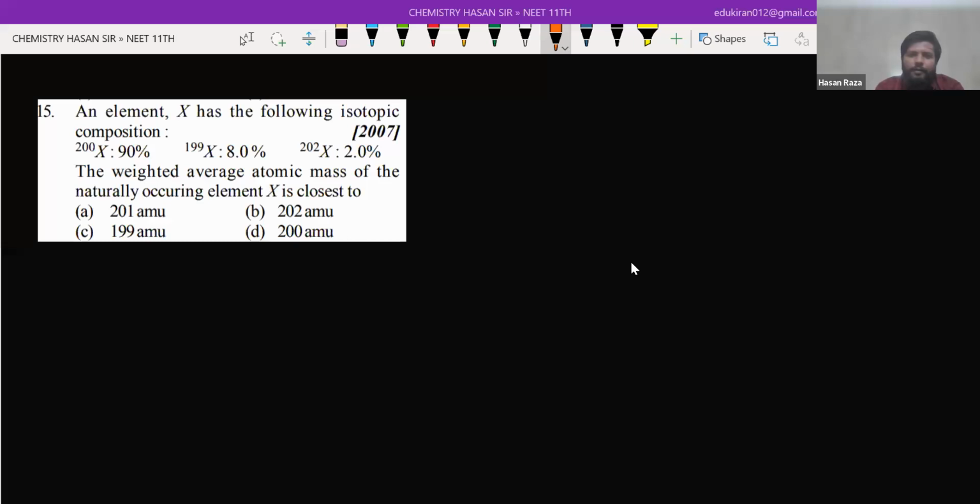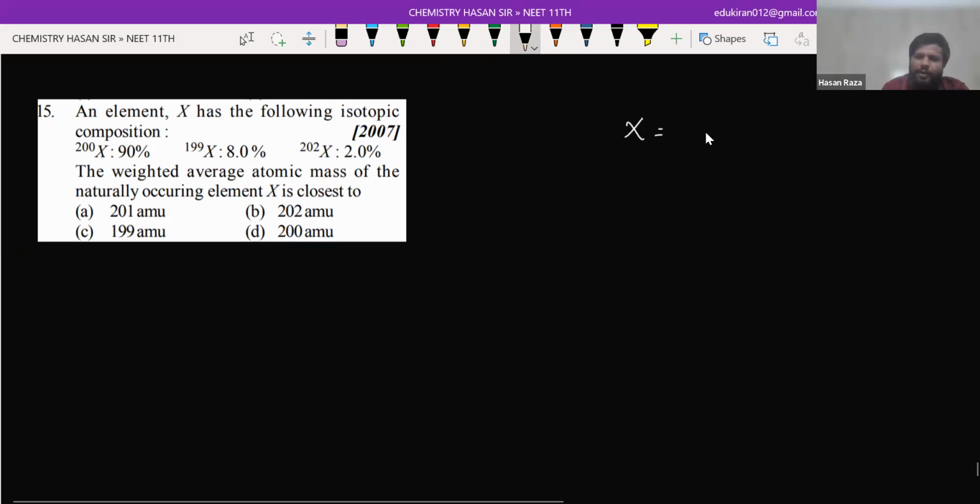Khudeja and Martin. This is basically, you can call it isotopes: same element, same atomic number, different mass number. So you can calculate average atomic mass easily.